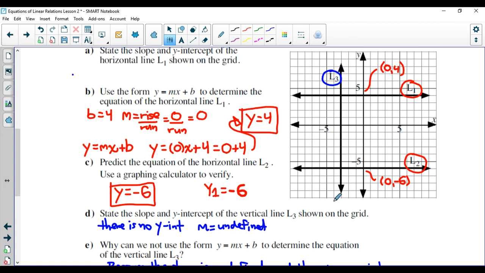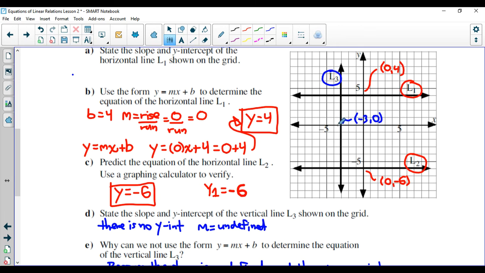Well, how about L3? What's the one number that would always be the same no matter where you are on this line? Well, that would actually be the x value. So if you look at the graph here, this line would cross the x-axis at (-3, 0). So it doesn't matter where you go on the graph, whether you're at the top of this line or at the very bottom of this line, the x value would always be -3.